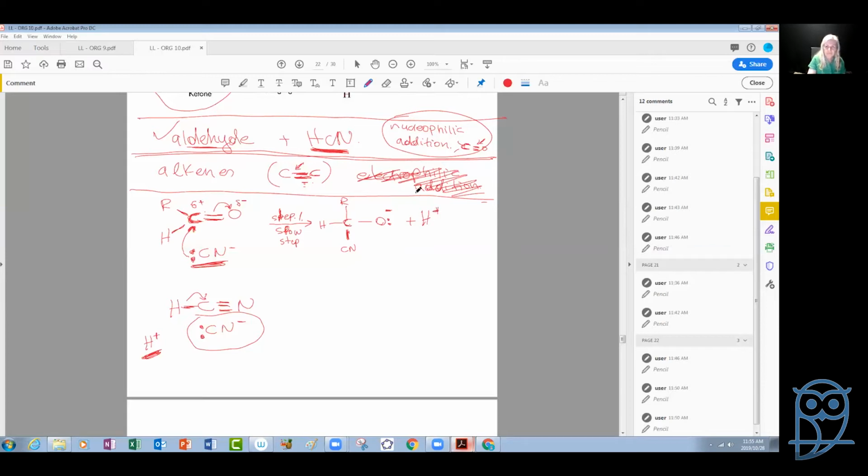That is a very fast step, the fast step, step number 2, and what we are going to get is this oxygen attracting the proton and becoming a hydroxyl group. So here is the product that we are going to get.